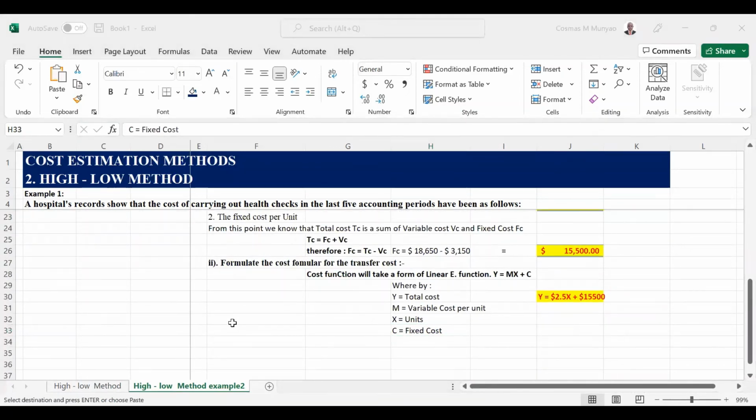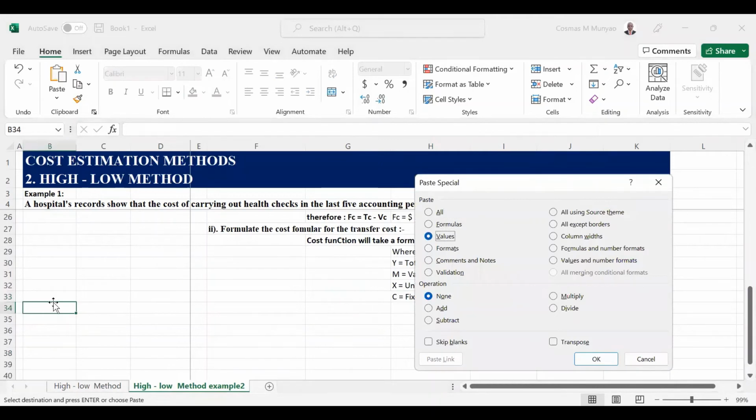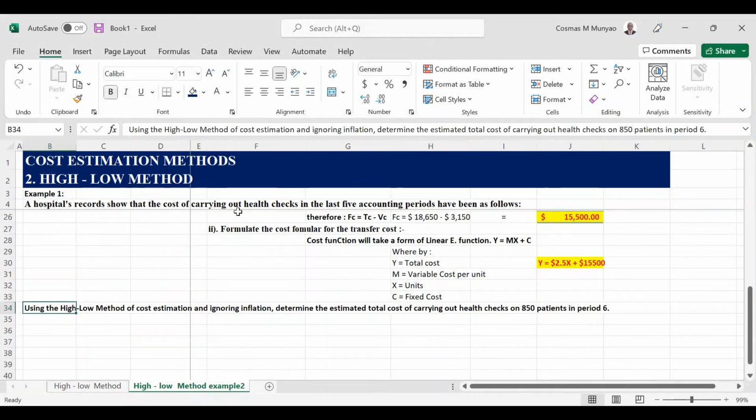Using the high-low method of cost estimation and ignoring inflation, determine the estimated total cost for carrying out health checks on 850 patients in period 6.